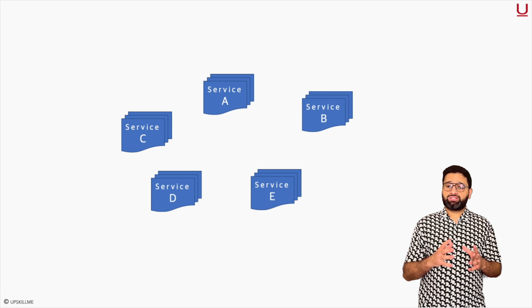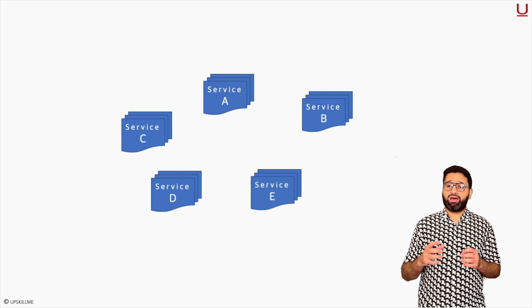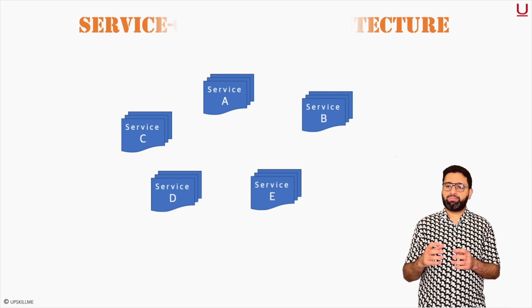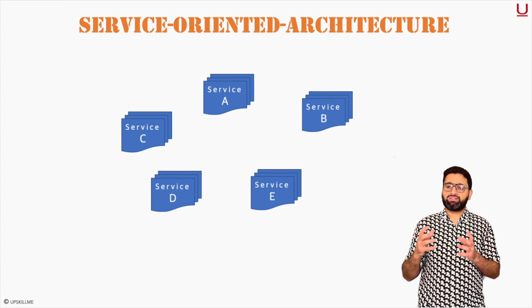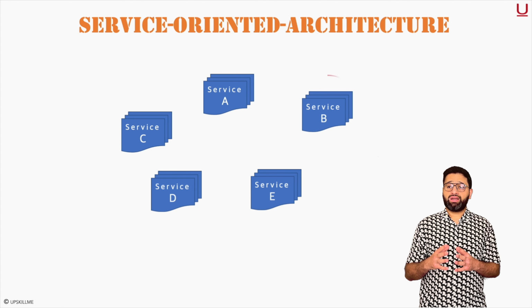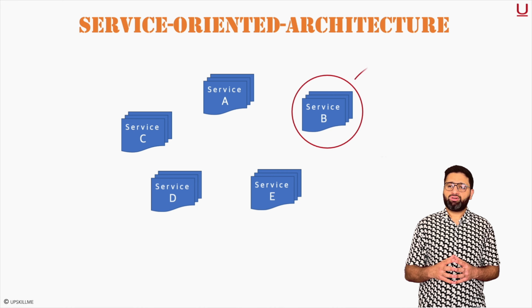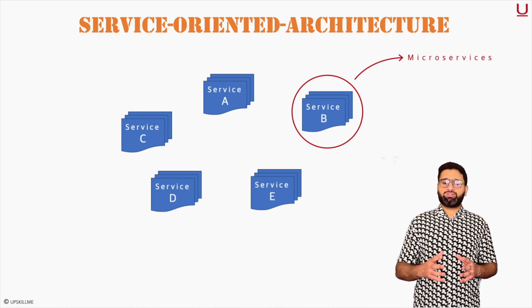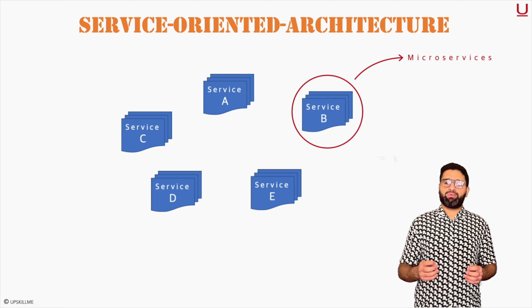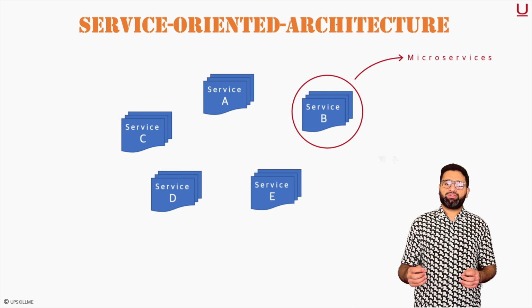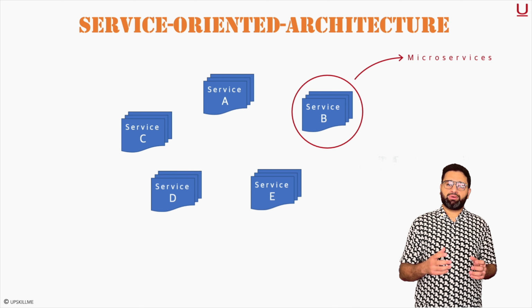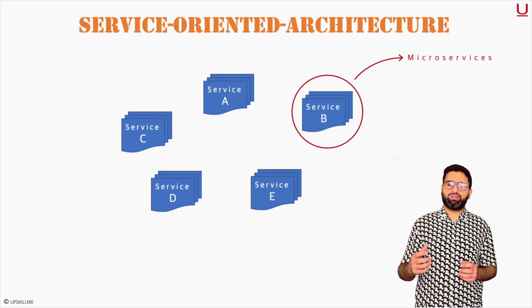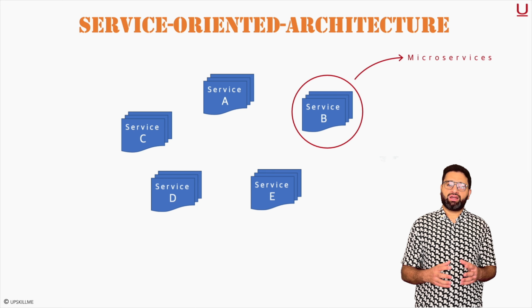The architectural style of breaking down a large application into multiple smaller self-contained services is known as service-oriented architecture. The individual services are usually called microservices. Service-oriented architecture allows for multiple services to communicate with each other using loosely coupled framework or language agnostic techniques to either pass data or coordinate an activity.